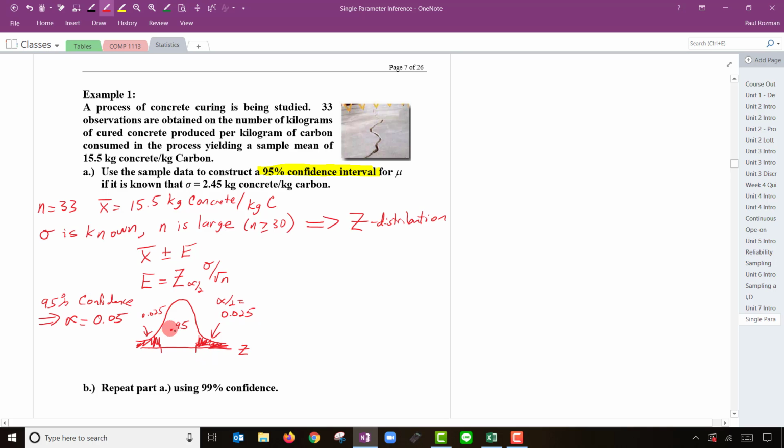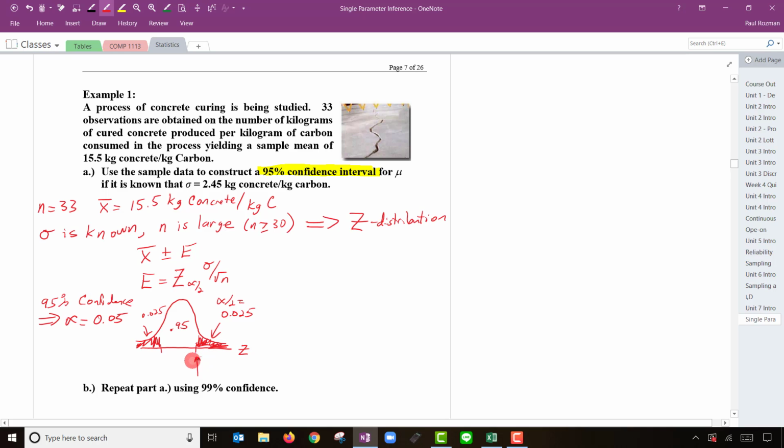Remember, the z table goes to the left. So I really have to look up 0.975, right? I have to add 95. The 95 is just in the middle. So I have to add the 0.025 in the lower tail in order to get to this spot here.